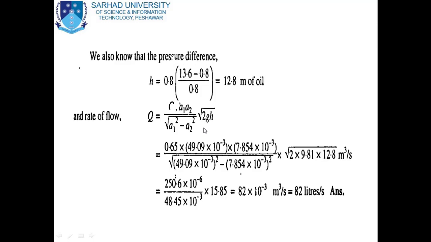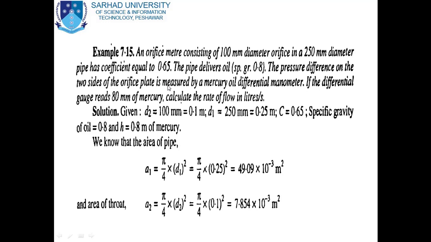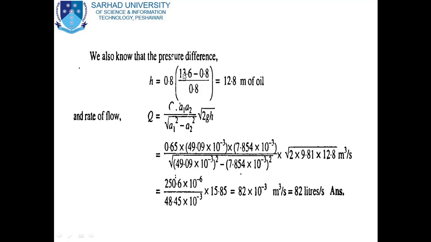So then H is equal to 0.8, which is the mercury head, already given in the statement. 13.6 is the specific gravity of mercury, minus 0.8, which is the specific gravity of oil, and this is divided by 0.8, which is also the specific gravity of oil.